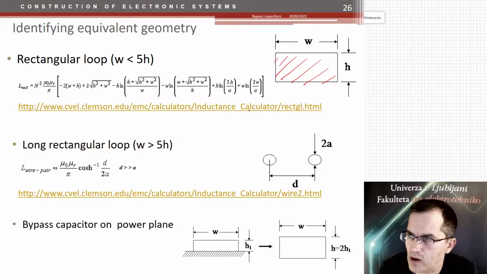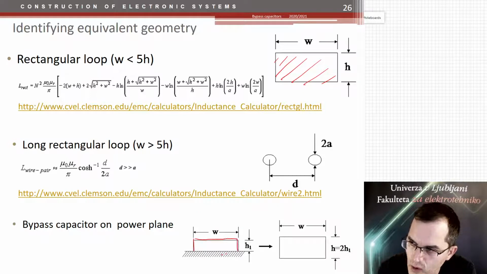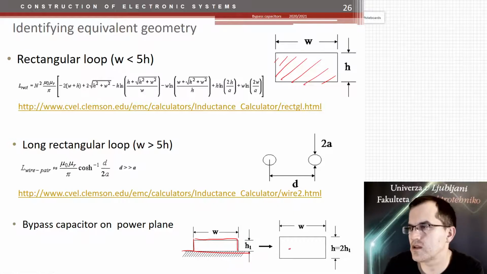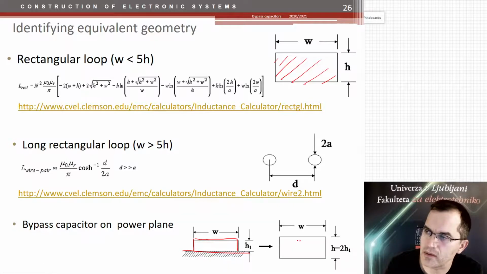Well, if you have a long rectangular loop like here, you can also calculate the inductance differently. If you have such a square-like loop over the ground plane here, then it behaves like a double height square loop.